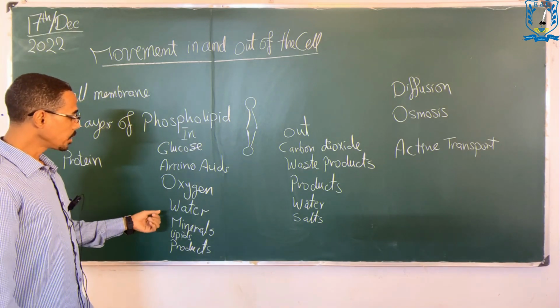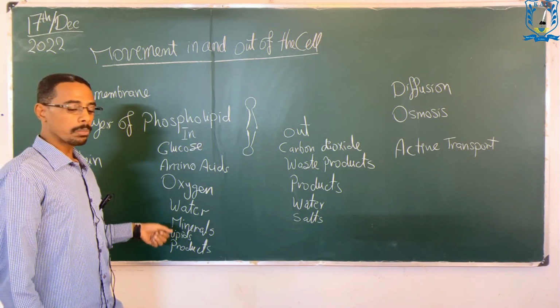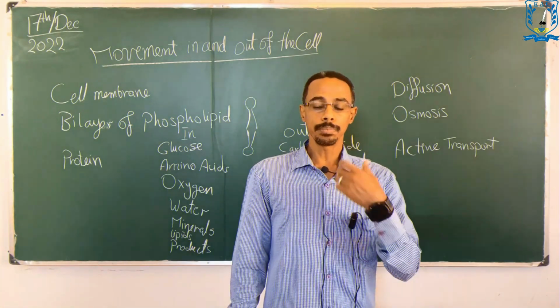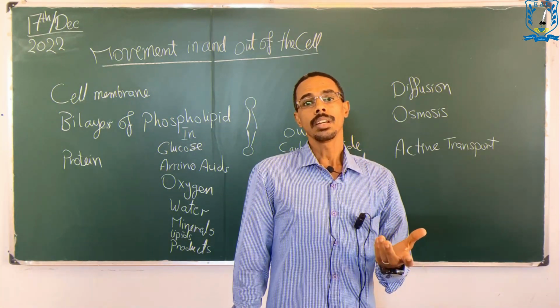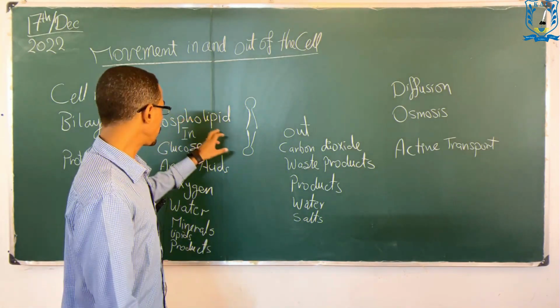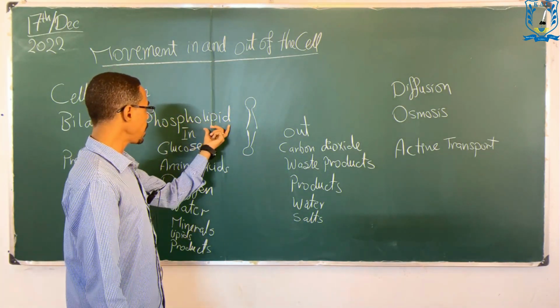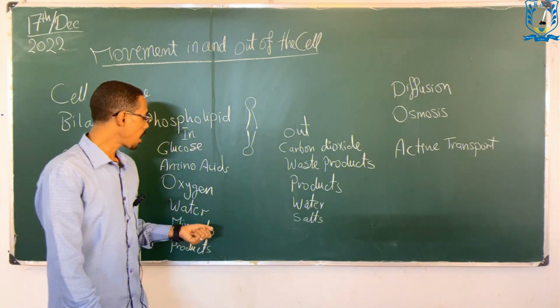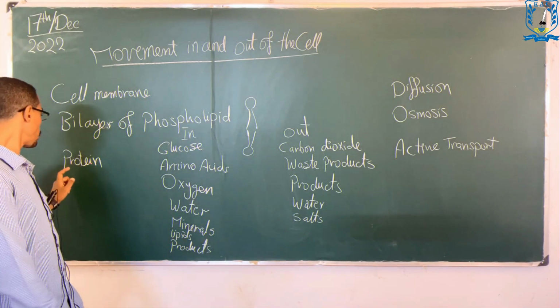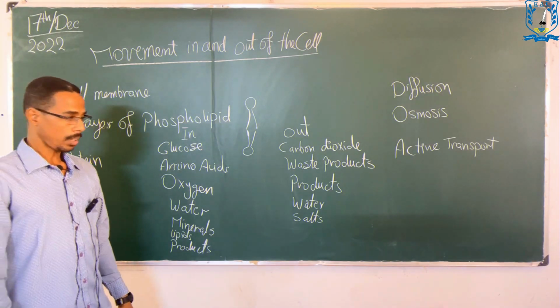On the other hand, water, although it is small, is hydrophilic, so it will not dissolve in lipids. And you know that the bilayer of phospholipids is made mainly of lipids, so water will not pass directly through the bilayer, so it will move through the protein channel.